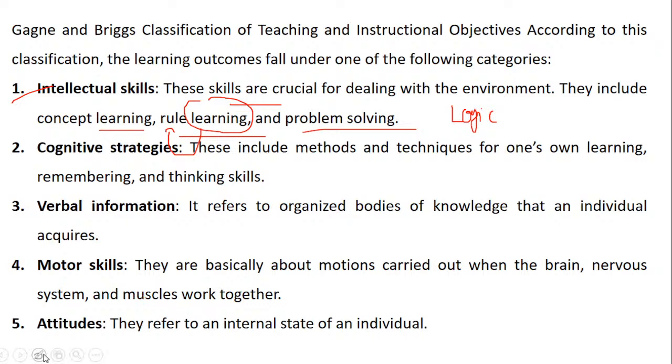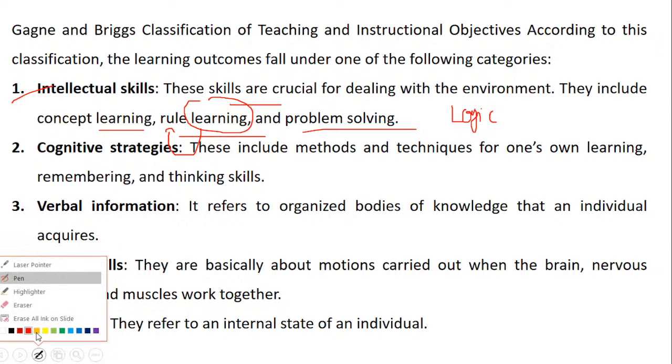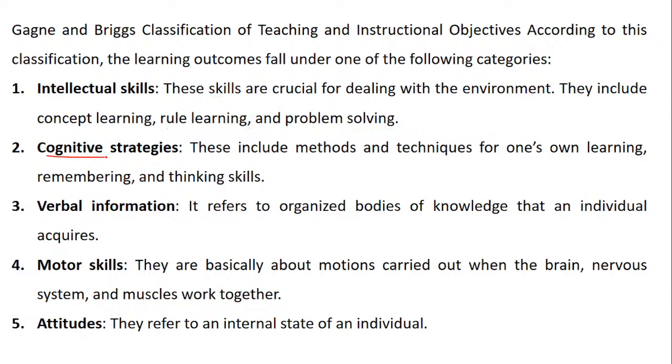Okay. Then next we have cognitive strategy. When I'm talking about cognitive strategy, here it is talking about strategy. It means based on your intellect, your technique, your skills, you know how to go with the concept.